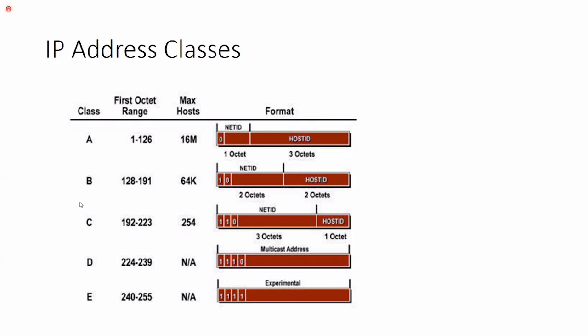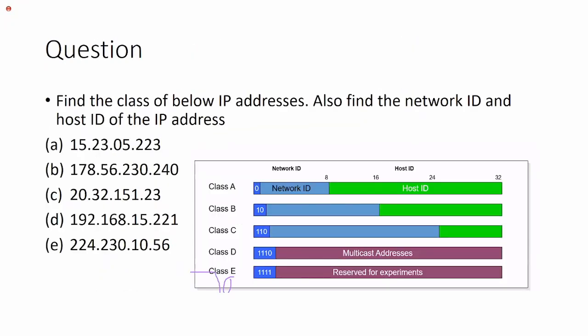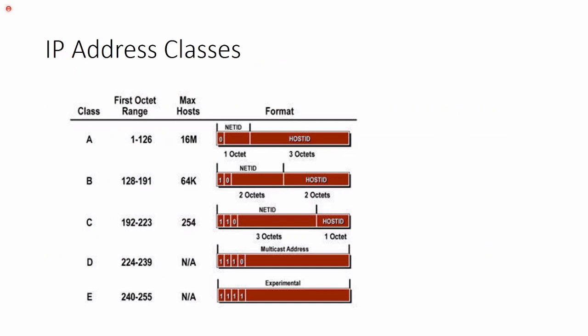Right, so this is giving class A starting from 1 to 126, class B 128 to 191, like that, right? So that means for the first one, what is the class? You can look at the first number and tell. 15.23 means what is the class? Yes?